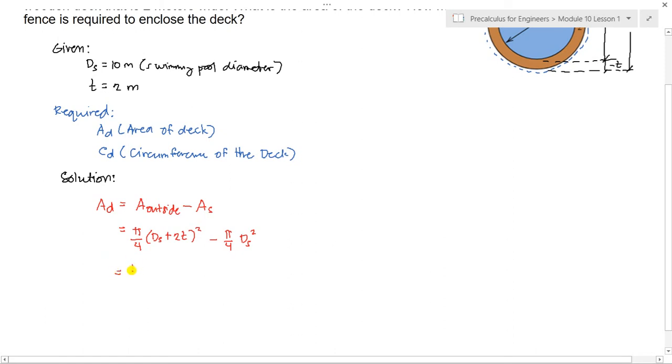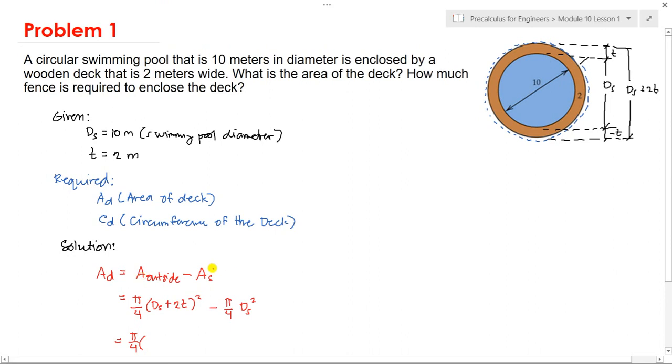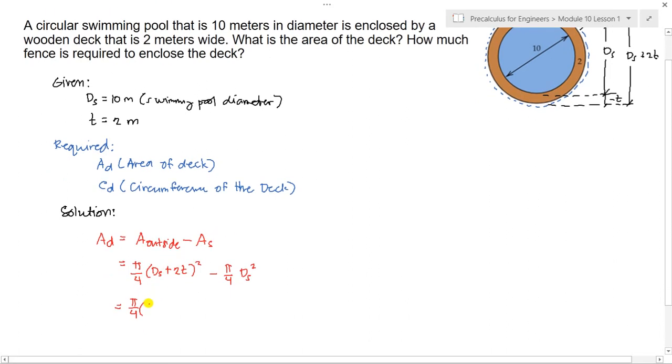So ato i-plug in ang mga values. So we have pi over 4. Then our ds here is 10 meters. So put here 10 meters plus 2 times the thickness, which is 2 meters. Then ato siya i-square, minus pi over 4, then ds here is 10, then squared. So the answer here is pi over 4, then we have 10 plus 4 squared minus 10 squared.